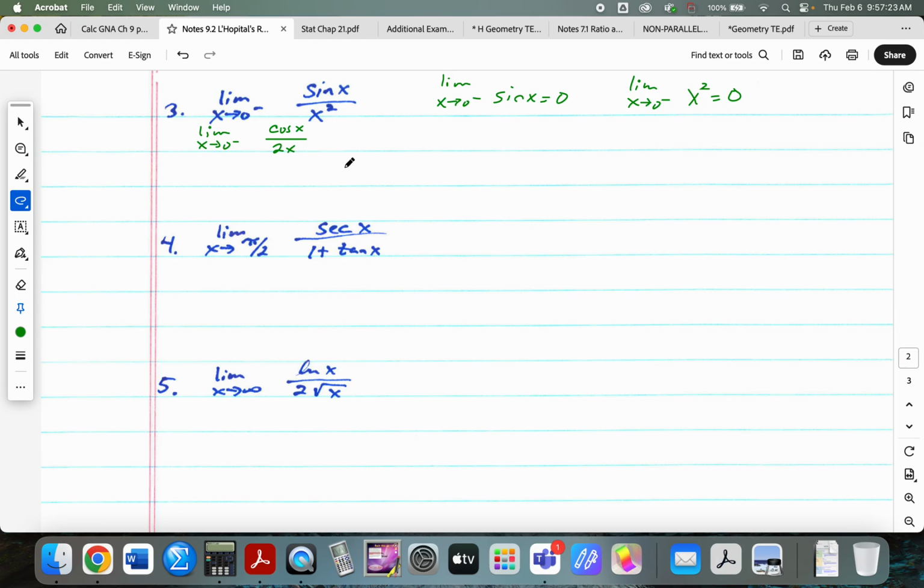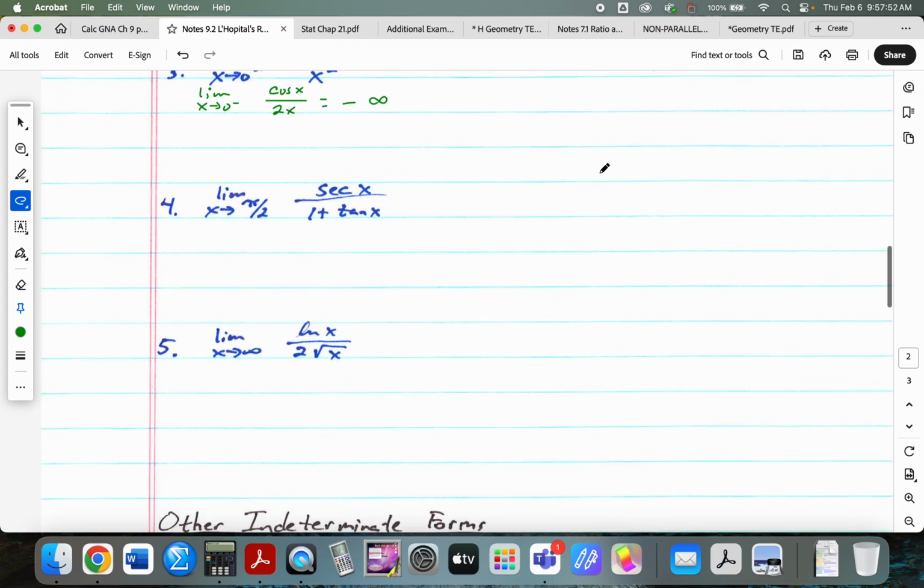A positive over a negative lets me know that this is going to be negative. And since it's 1 over something really, really small, this is really, really big. This is negative infinity. So we can use this to help us find infinite limits.